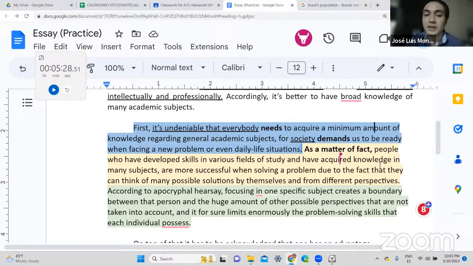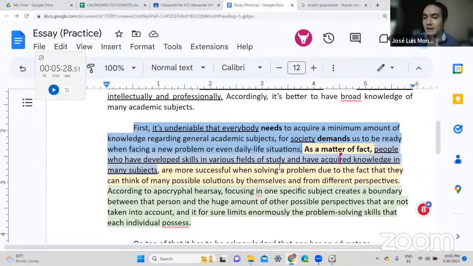All right. So, as a matter of fact, people who have developed the skills in various fields of study and have acquired knowledge in many subjects, all of that is just the subject. Okay, that's not a sentence, that's just one subject, like Luis. And how do we know that? Because it is never complete.